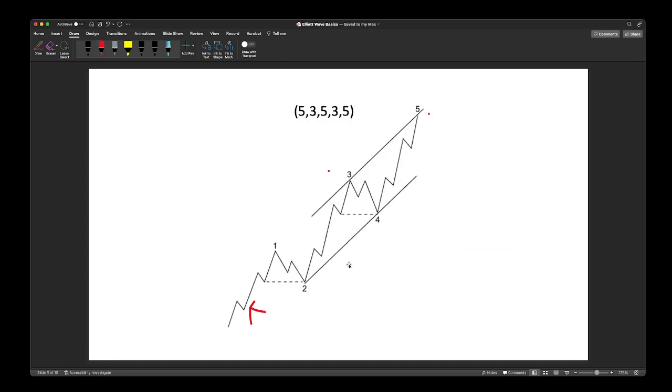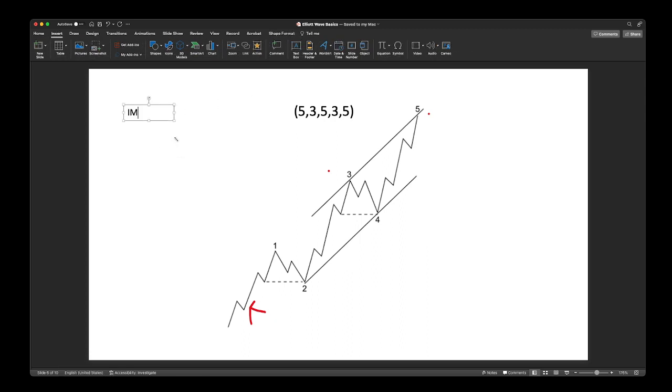Let's go back to them. You have your impulsive wave, which is your most common wave. It's made up of 5, 3, 5, 3, 5.